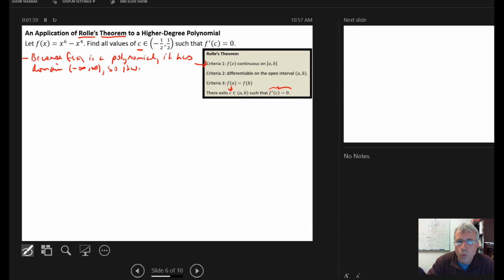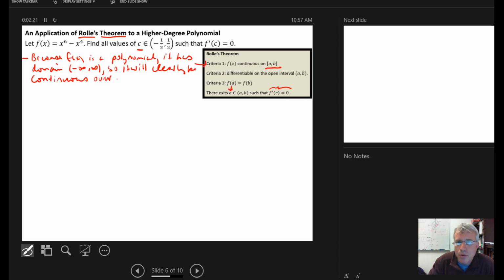So it will clearly be continuous. Nothing bad is going to happen. Continuous over the closed interval. We need to explain that it's going to be continuous over a closed interval.